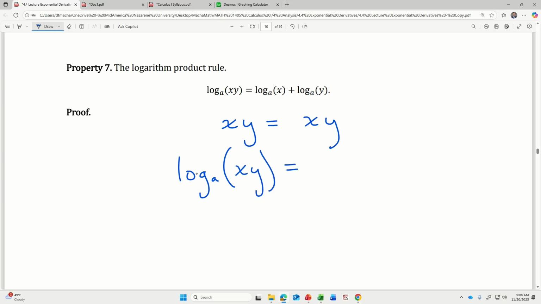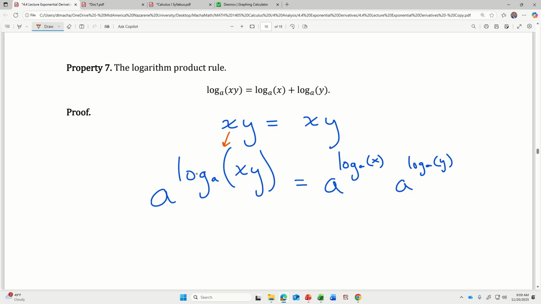And on the right side, actually, let's do two things.